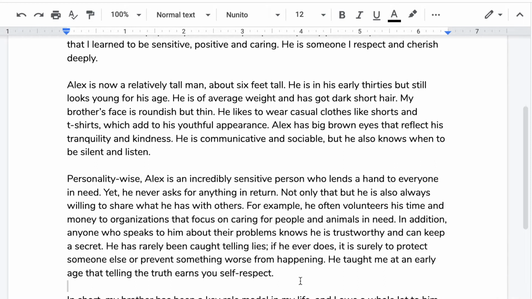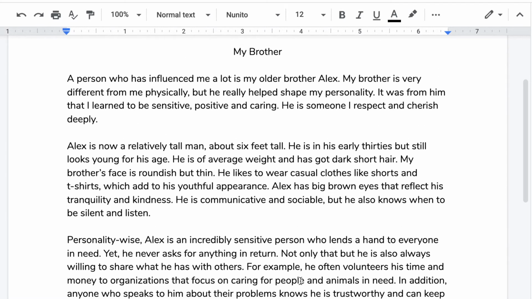So if you know how to write 1 or 2 body paragraphs, you can add a third one. You would just have to add another element to be described, or maybe provide a more detailed description of one of the elements and divide that description into 2 paragraphs. It really depends on the essay, but we're not going to get to that now. So this is basically the overview of the essay's organization.